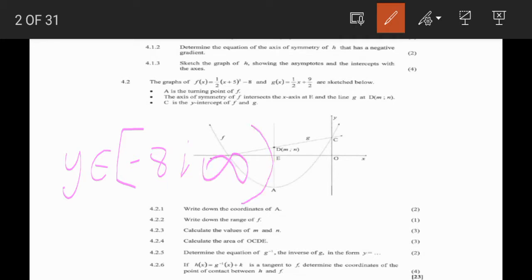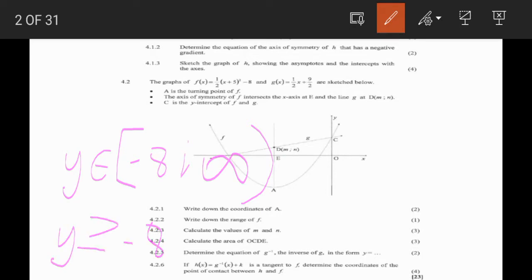But then I use a round bracket. Why? Because we don't know what positive infinity is. It can be a trillion, it can be whatever. No one knows where the numbers actually end, right? So positive infinity can be any number that we cannot even think of. Or if you do not understand this one, you can just write it in this form: y is greater than or equal to -8.